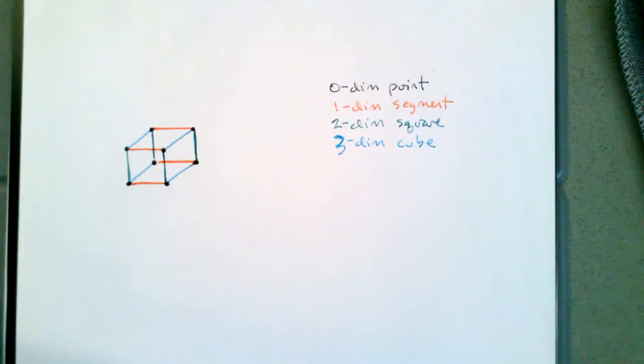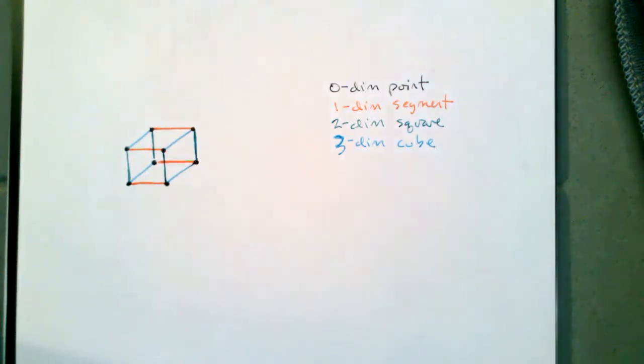So all we need to do to make a 4-dimensional cube or a 4-dimensional hypercube is take this cube and drag it into a dimension that we aren't already using. So I just need to take these 8 vertices and drag them to a dimension that I'm not already using.